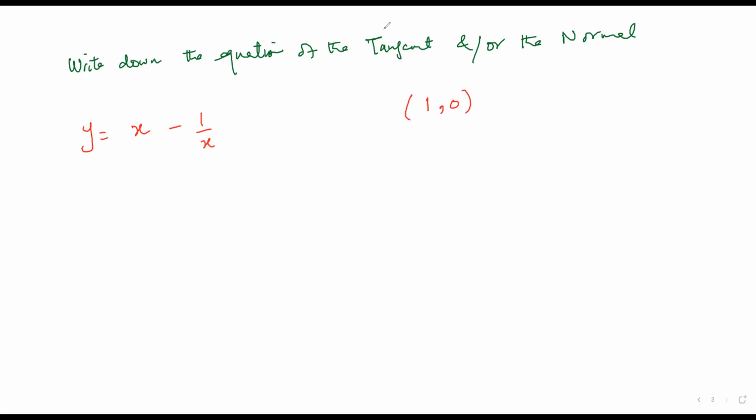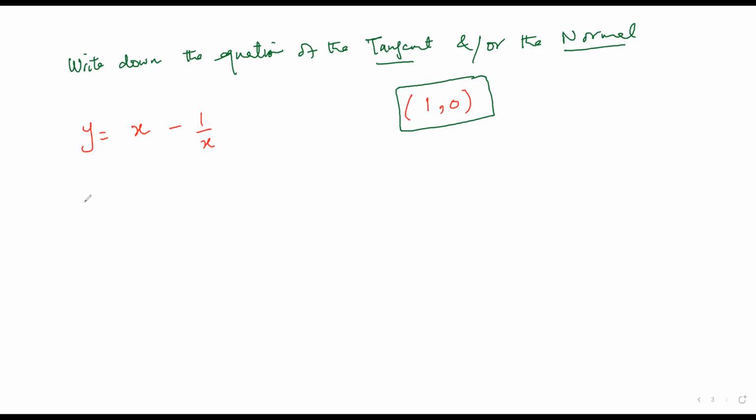So the very first step, because these tangents and these normals are simply lines: if you have to write down the equation of a line, either you need to have 2 points on that line, or you need to have the gradient and a point. Now the point is given to you, that is the point at which you have to write down the equations of these two lines. The gradient would be calculated through differentiation.